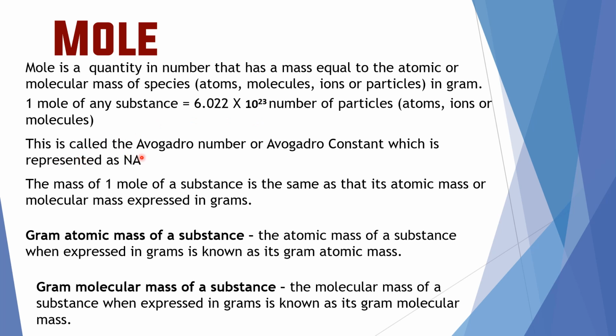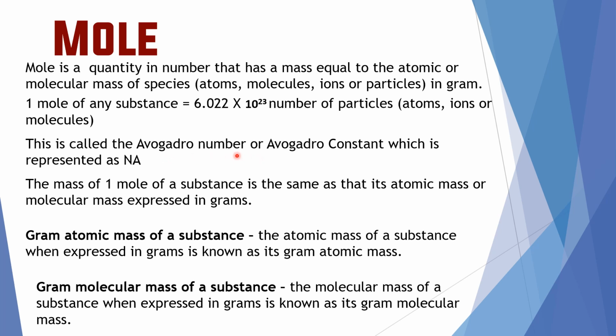This is called the Avogadro number or Avogadro constant, which is represented as Na. So this mole is a quantity of number, and that number, 6.022 into 10 power 23, is called Avogadro number or Avogadro constant.